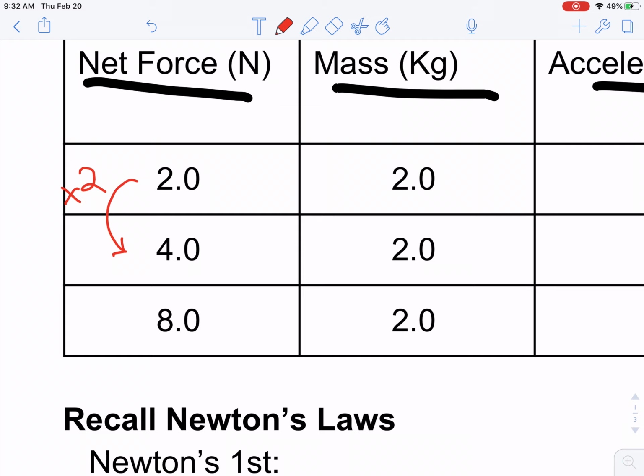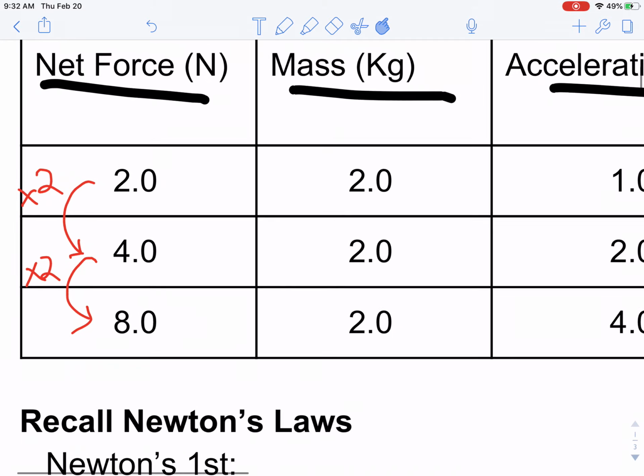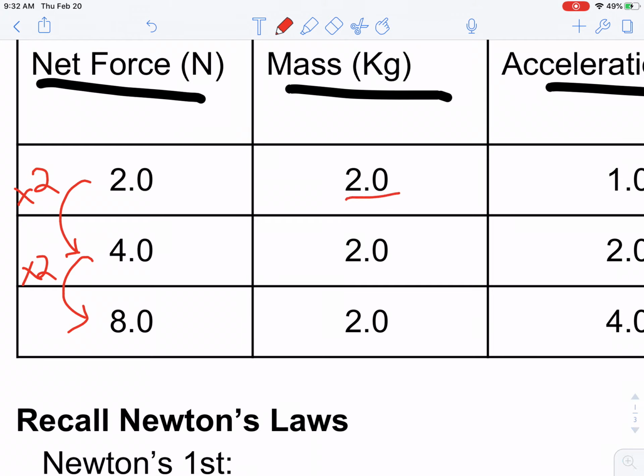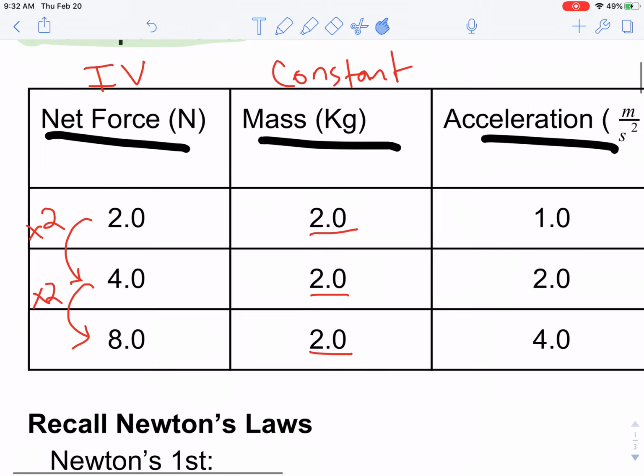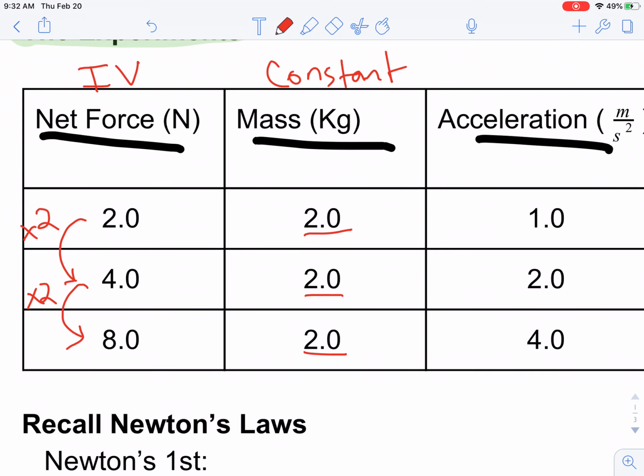And then they changed the force again to 8 newtons, and that was a doubling. And what did they do to the mass in this experiment? They kept it constant at 2.0 kilograms. So in this case, this was the independent variable, this was the constant, and acceleration is the dependent variable.